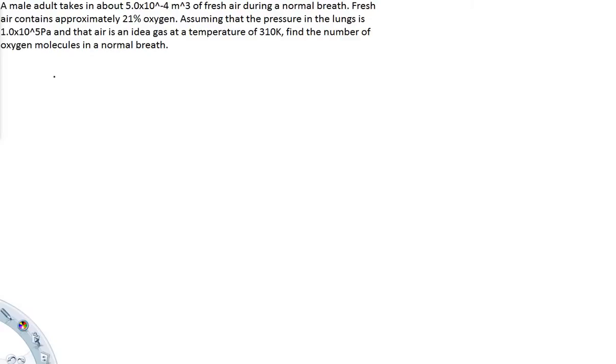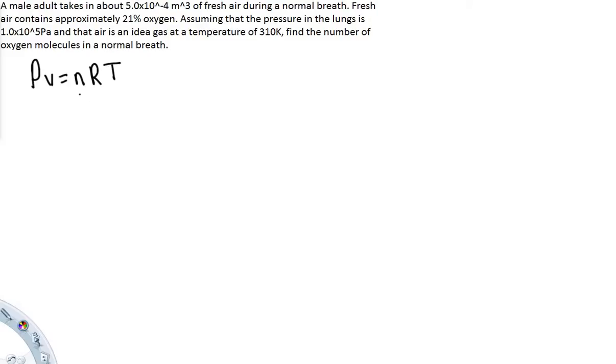Okay, to start this off, I am going to write out the equation that we'll be using, which is PV is equal to nRT. So the P is the pressure, the V is the volume, n is the number of moles, R is the gas constant, and T is the temperature.